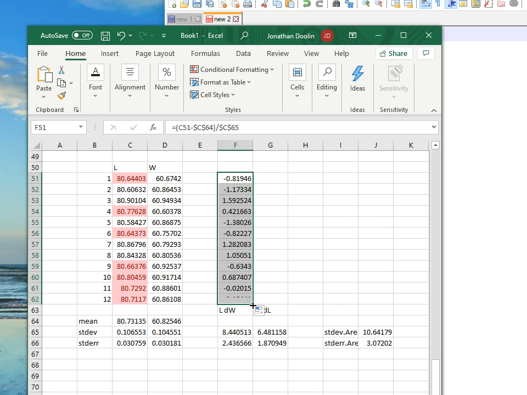With that formula, by subtracting the mean and dividing by the standard deviation, this tells me exactly how many standard deviations this data point is from the mean. So this data point is 0.819 standard deviations below the mean. This data point is 1.59 standard deviations above the mean.